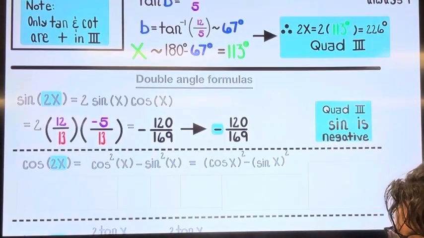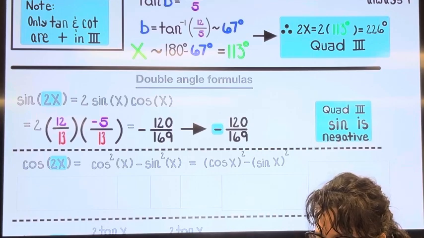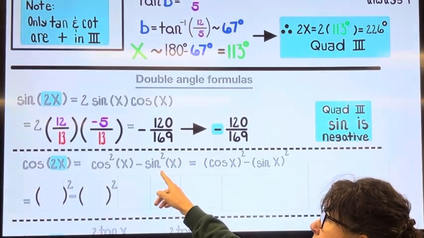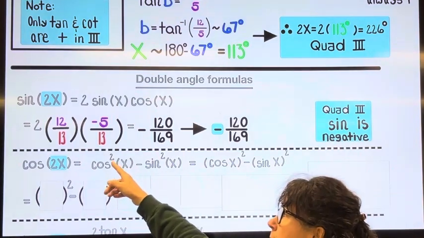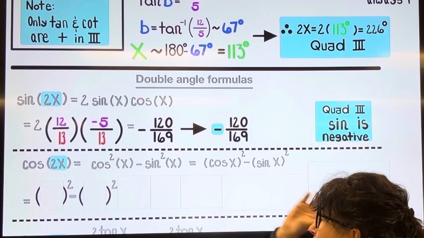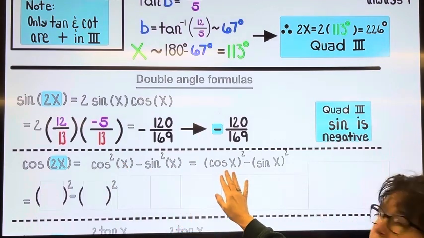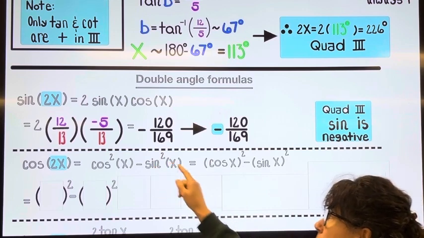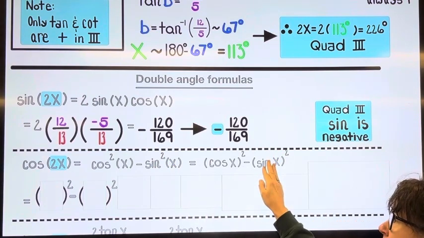All right, continuing on here, the cosine of 2x. I have the formula written out here, but emphasizing sometimes this squared messes students up because of its location. Cosine squared of x really means cosine of x times cosine of x, and sine squared of x means sine of x times sine of x.